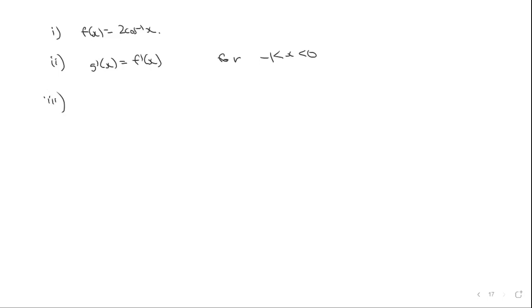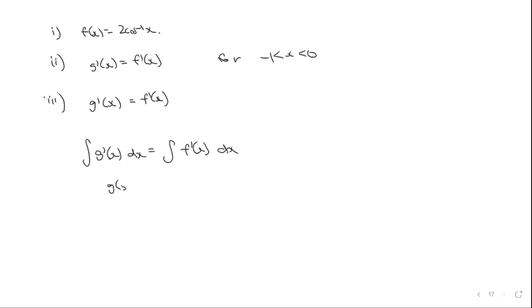Well, because we have now got g'(x) equals f'(x), the gradients are equal, which now means they're always equal to each other. We can just integrate both sides with respect to x.